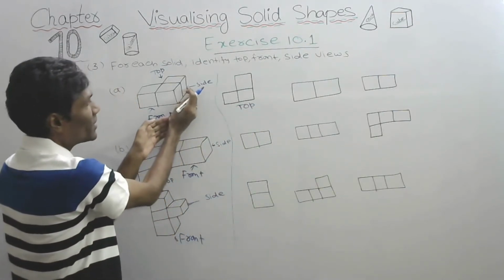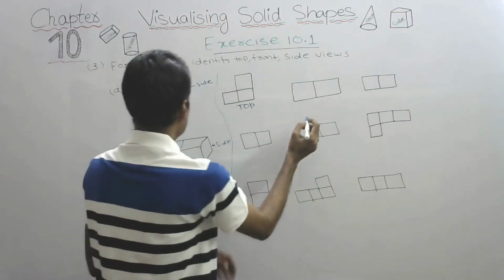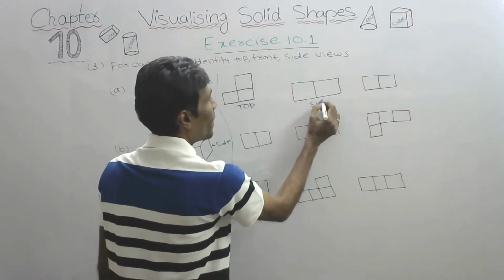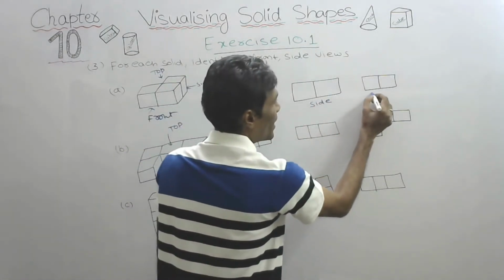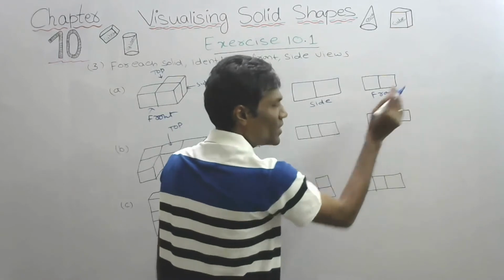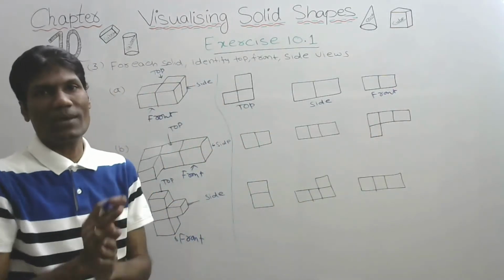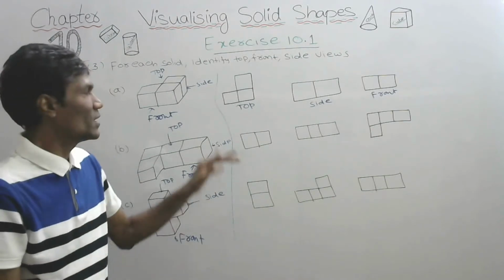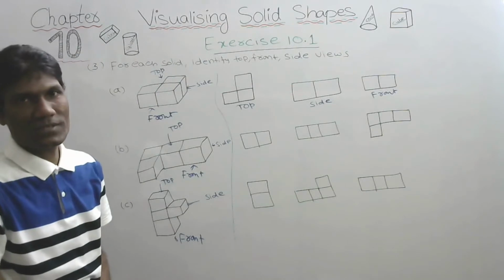Whereas side, these 2 are visible. So this is side. And the front, these 2 are visible. So in this case, front and side look same. 2 squares, here also 2 squares.